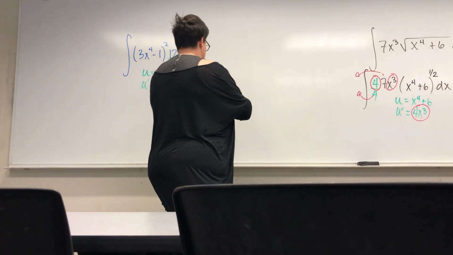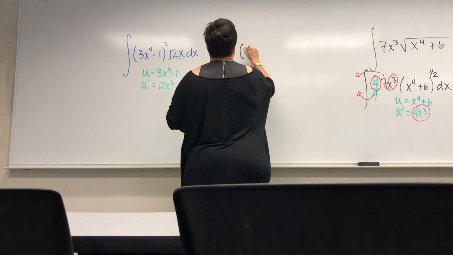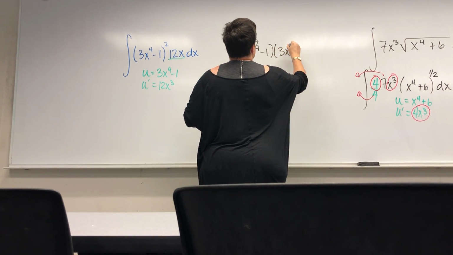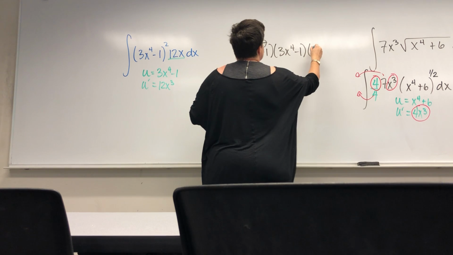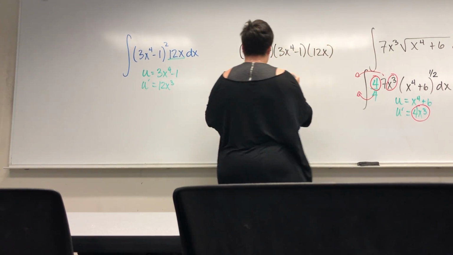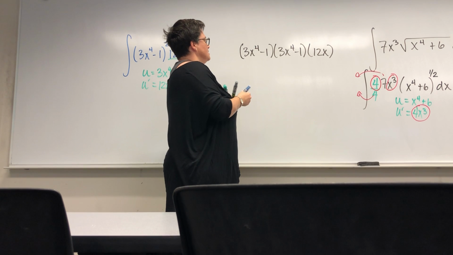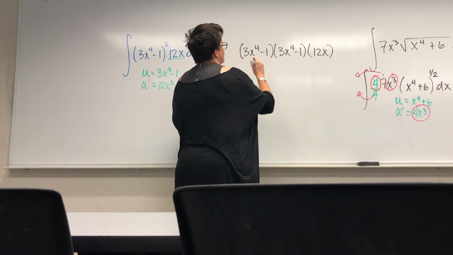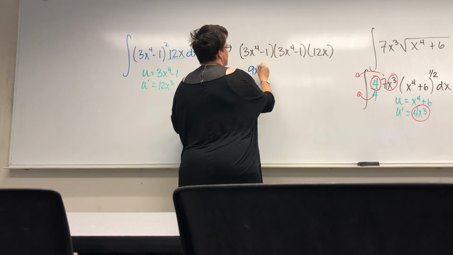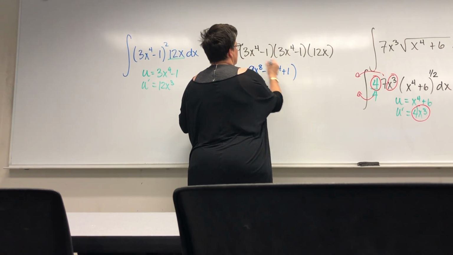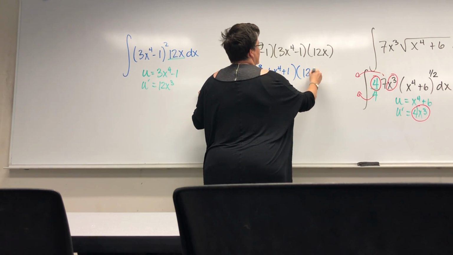So over to the side here in black, I'm going to do 3x to the 4th minus 1 times 3x to the 4th minus 1 times 12x. This is the actual function that we're integrating. So I'm just going to FOIL it. I get 9x to the 8th minus 6x to the 4th plus 1, all times 12x.